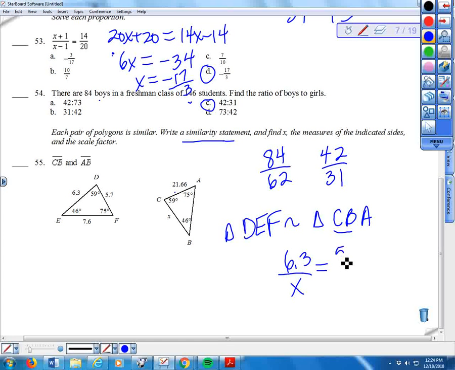So 5.7 over 21.66. 7.6 doesn't correspond to anything with a number. It does correspond to this side, but that doesn't help me because I need something with both numbers. Okay, at this point, I just cross multiply and solve for x. Any issues with that? The important thing here is getting your similarity statement right, so you know which ratios you can use.